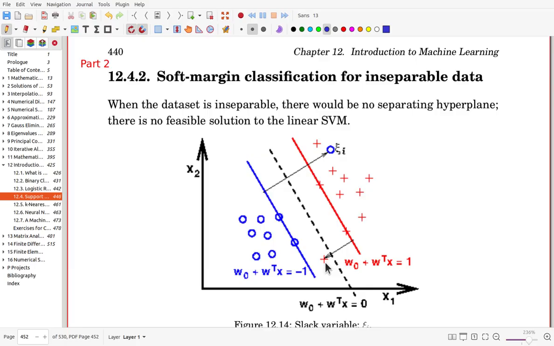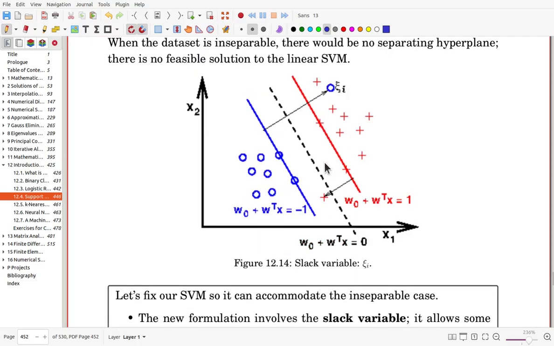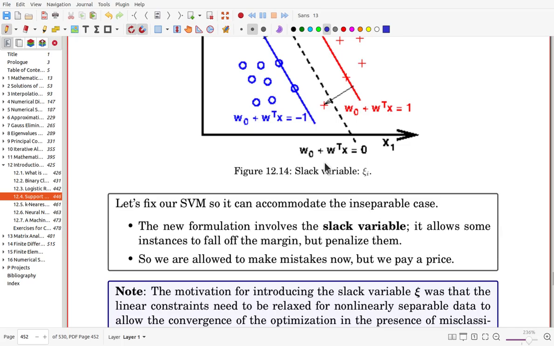To fix this problem, we allow the algorithm to make mistakes. For example, for these points and for those points, the points are either inside the strip or on the other side. And by introducing slack variables, we can do it. Okay, let's see the formulas. The new formulation involves the slack variable.